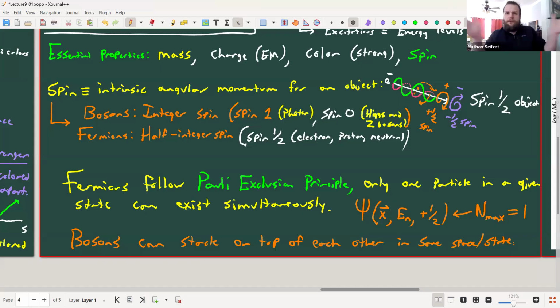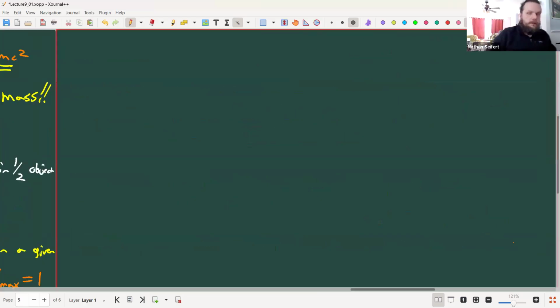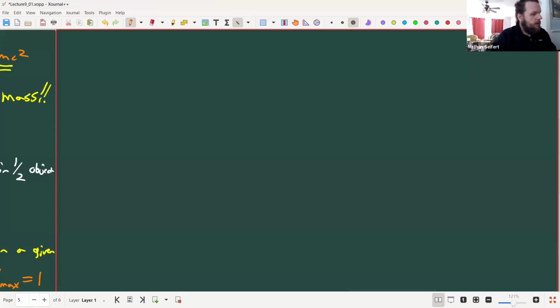So you have this fundamental subdivision of things that have integer spin and things that don't, and they follow completely different rules. It turns out that their interactions in physics are extremely important. They fall into two different classes. So we have fermions here on the left.